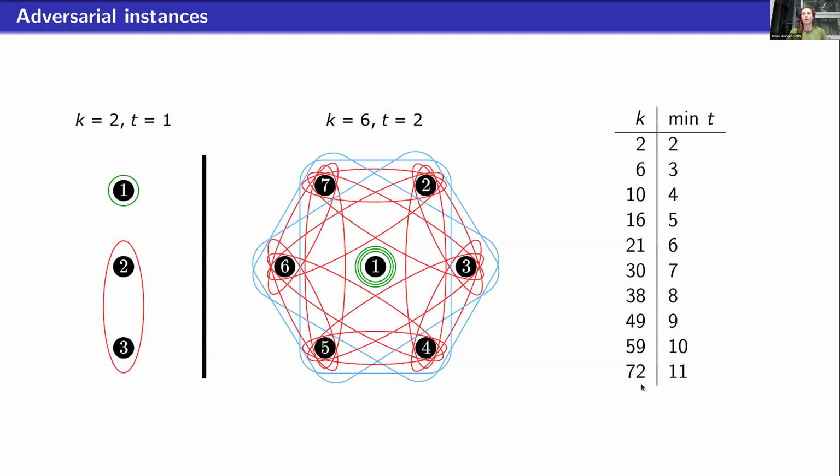So that's this 72 requires t of size at least 11, which came from this table. An interesting open question is we couldn't actually prove that as k increases, we need higher t. For all we know, there could be some constant where this table stops, and that's an interesting open question. I'll mention it again at the end.